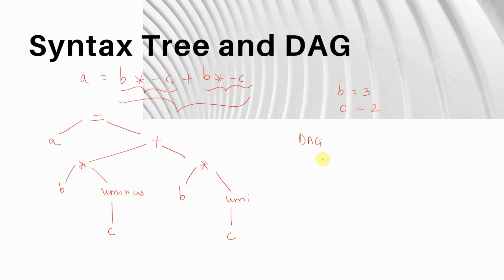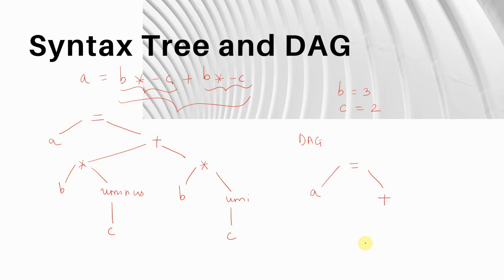So in case of DAG, you try to find out repeated operations and try to convert this tree into more optimized form. How do we do that? Since this b into minus c is the same operation which is present twice, and the value of b and c remains unchanged, I can transform this syntax tree as a is equal to this plus symbol.